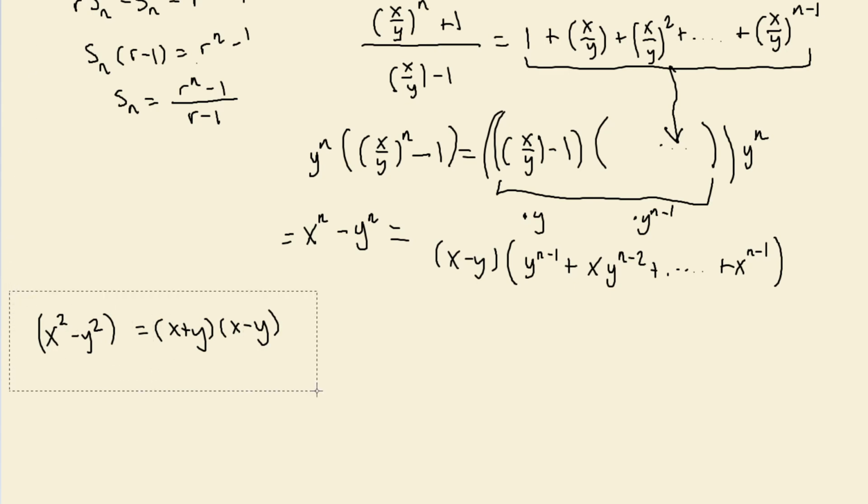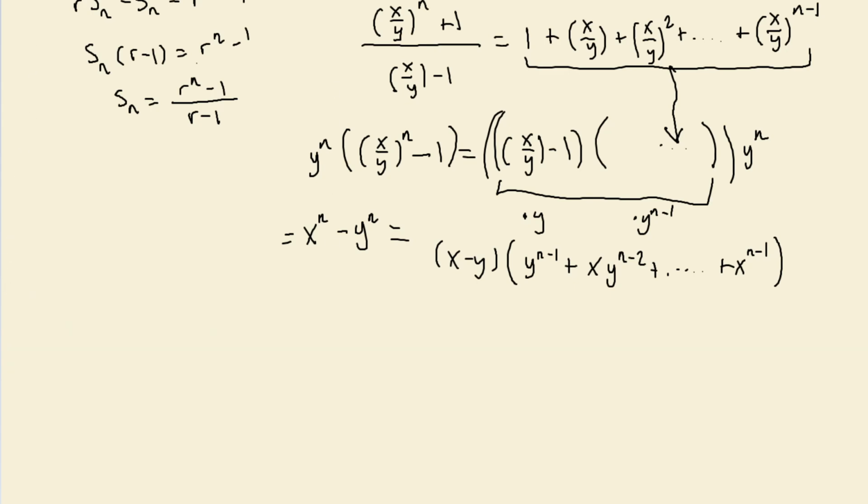And so this is the way that it's derived, but you can instantly recognize the pattern here. This tells us that x to the n minus y to the n is just going to be equal to x minus y times the sum from i equals 0 to n minus 1. And so here, you could swap these variables. It doesn't matter because it's the same front to back.